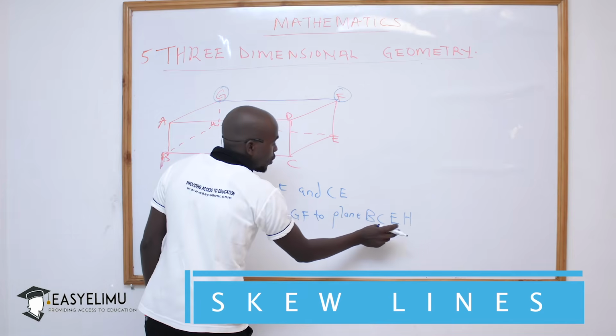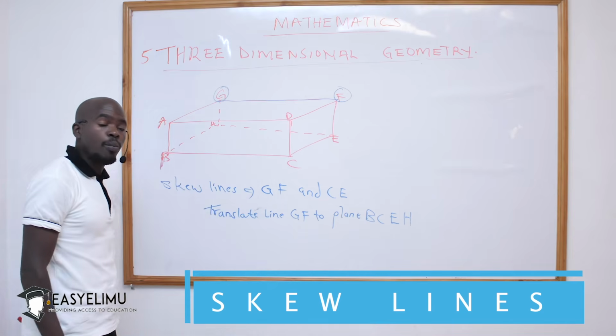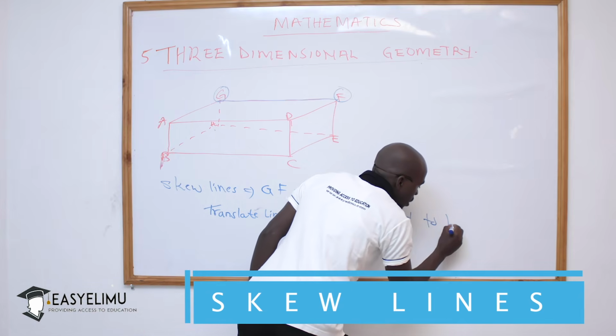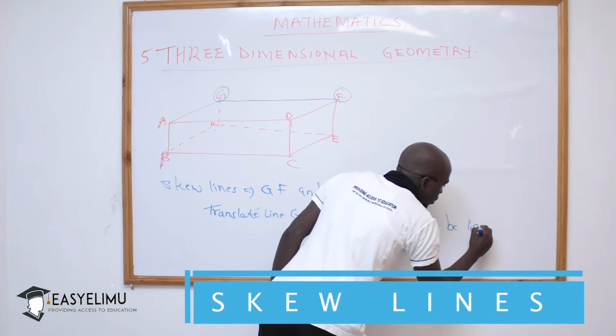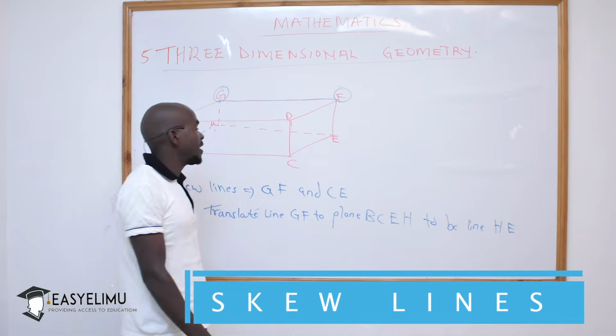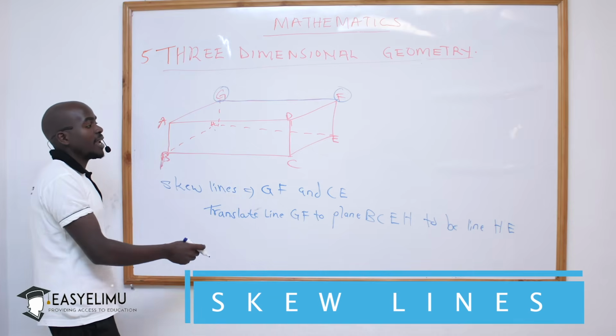We translate it to that plane. After translating to that plane, it will become line HE. If it is HE, then it is simple to find the angle.